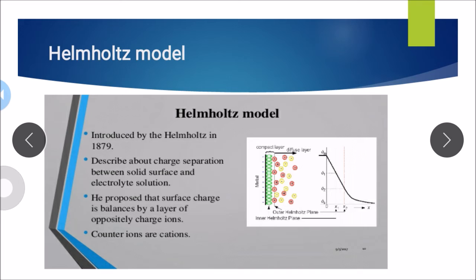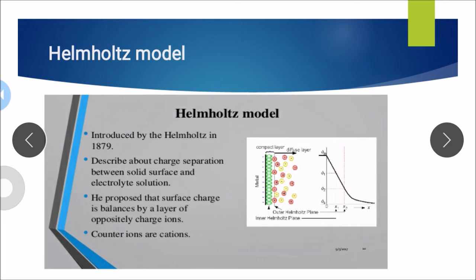The Helmholtz model was introduced by the scientist Helmholtz in 1879. It describes the charge separation between the solid surface and the electrolyte solution. In this model, the speciality is the charge separation between the solid surface and the liquid solution, and the liquid solution is having charged particles, so that is called the electrolytic solution.